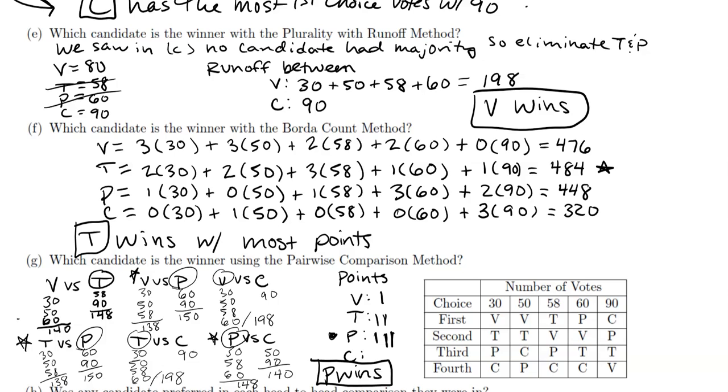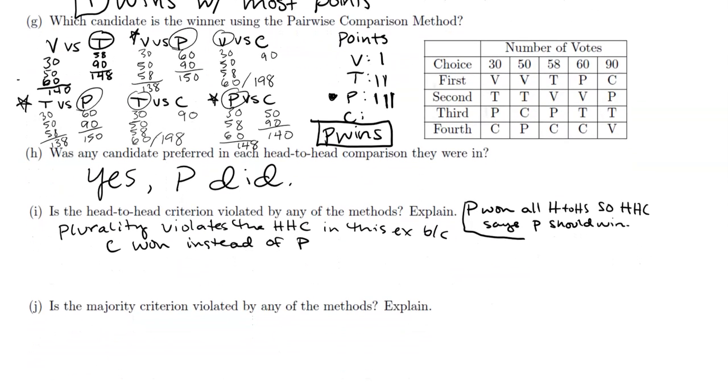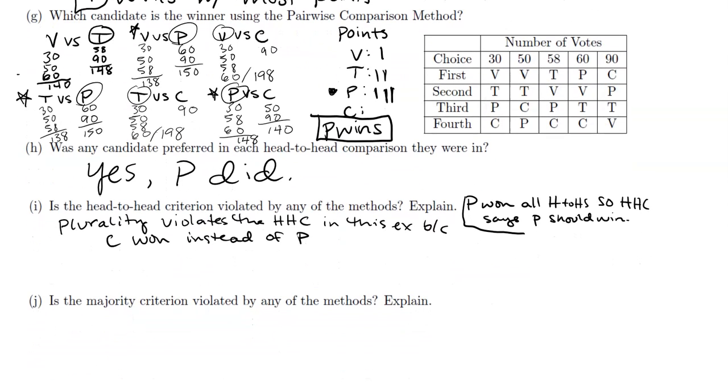And we'll see that with plurality with runoff, V won, and with Borda count, T won. So those ones also both violate this head-to-head criterion.